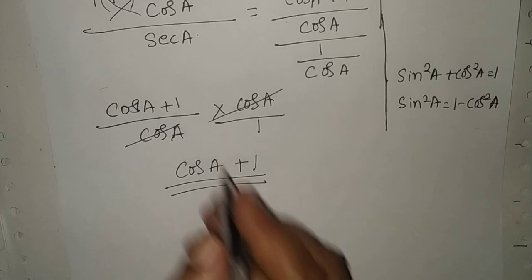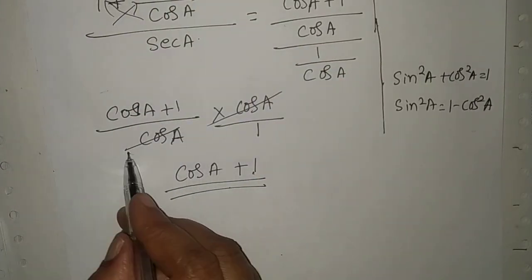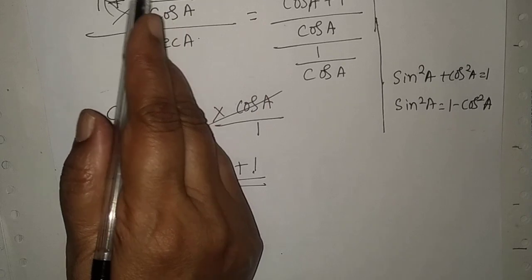Next we will take this one. So this is for 1 by secant A, 1 plus secant A.